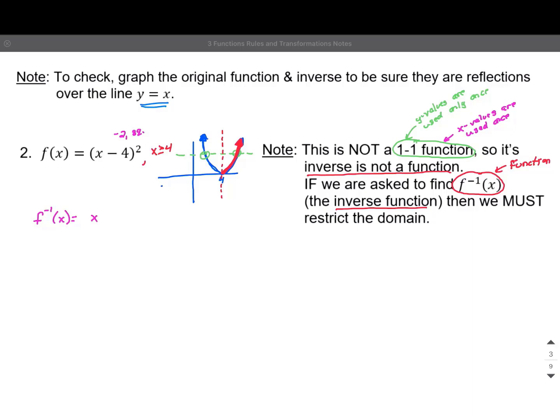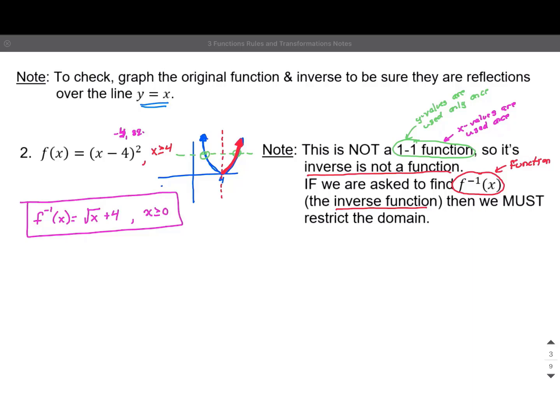The opposite of squaring is square rooting. The opposite of subtracting 4 is adding 4. Okay? And the only other thing that you might want to do here is say, oh, wait a minute, I have a radical. My x's have to be greater than or equal to 0. Look at this. Now we would have a function.